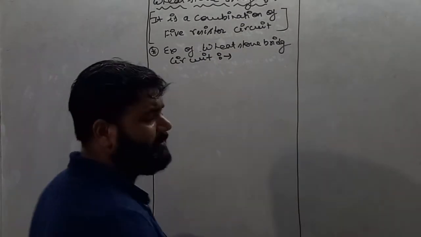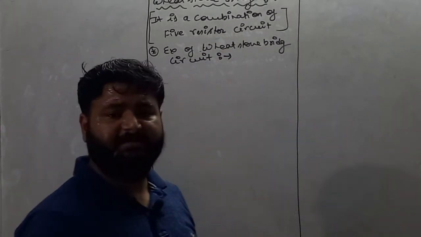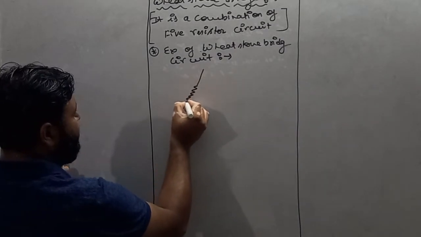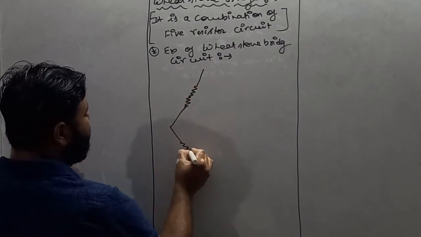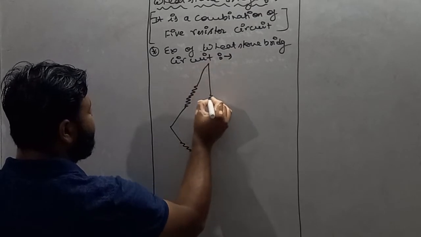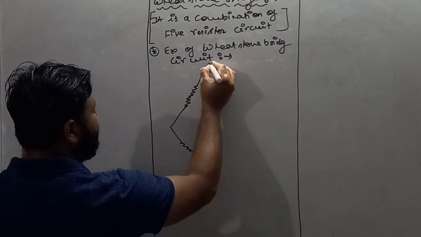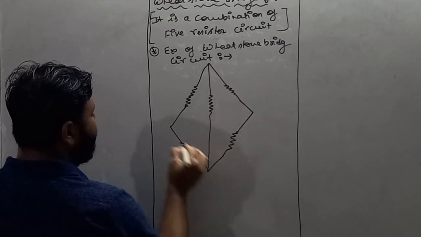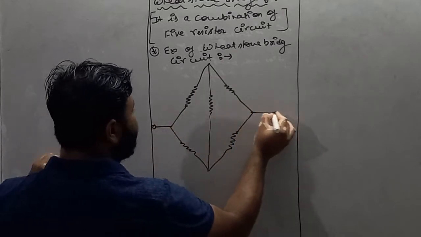So basically remember, a combination of 5 resistors is called Wheatstone bridge. Some kinds of circuit are, most of the time you see the Wheatstone bridge like this. This is nothing but a combination of 5 resistors, so this combination is said to be a Wheatstone bridge.